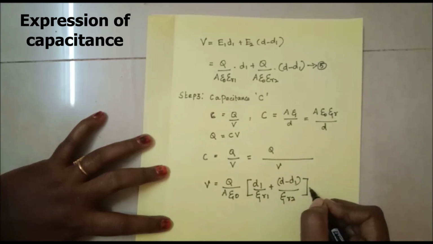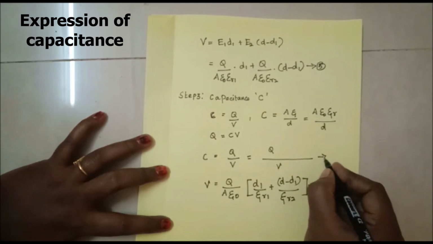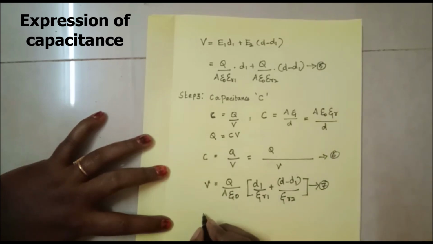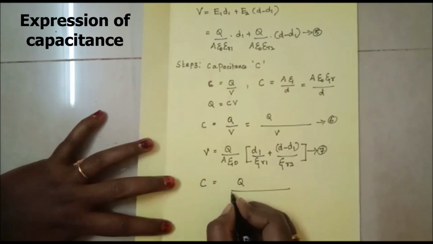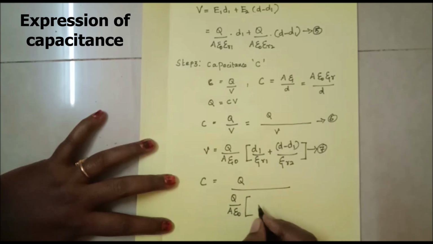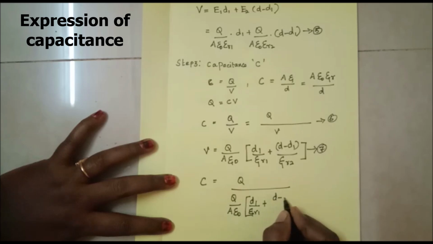Now we are going to substitute this equation number 7 in equation number 6. So the capacitance equation can be written as Q divided by Q by A epsilon naught into d1 by epsilon r1 plus d minus d1 by epsilon r2.